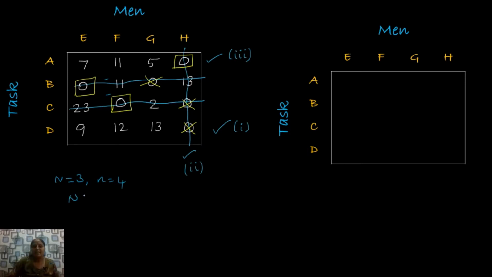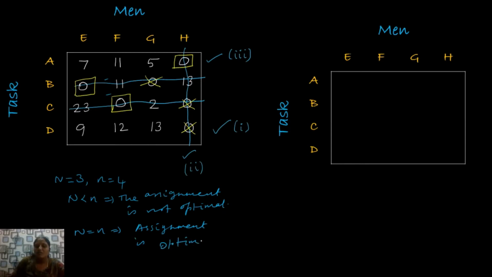So here capital N is strictly less than small n, which means the assignment schedule is not optimal. Whenever the value of capital N is equal to small n, the assignment is the optimum one.